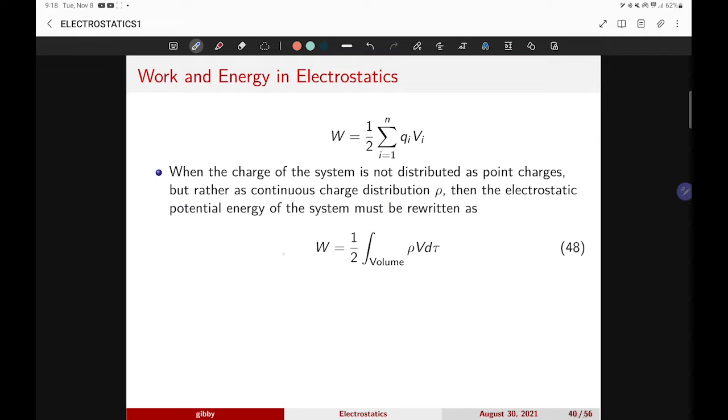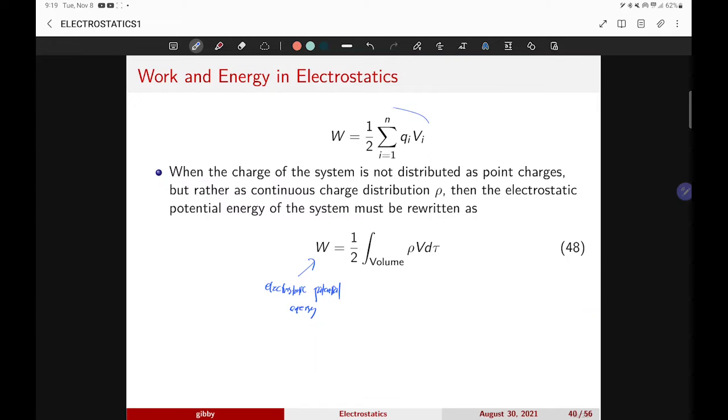So this is the electrostatic potential, or potential energy, given by this.